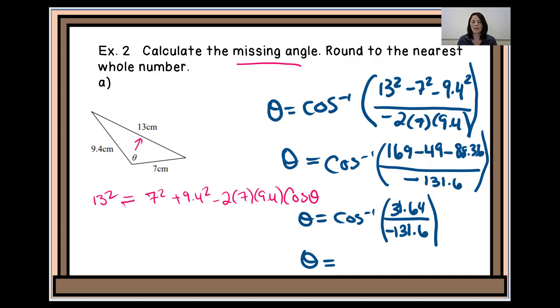And we're going to take the inverse cosine function, so shift cos or second cos on your calculators. And we get theta is equal to 104 degrees. Okay, let's take a look at our next example.